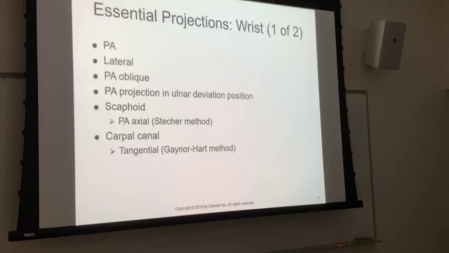So if the patient can't extend their fingers, maybe they've got rheumatoid arthritis and they just can't straighten their fingers out, it would be okay to shoot AP. Had a patient one time that cut pretty much all the tips of his fingers off. And in doing so, it destroyed all the tendons in between the fingers.